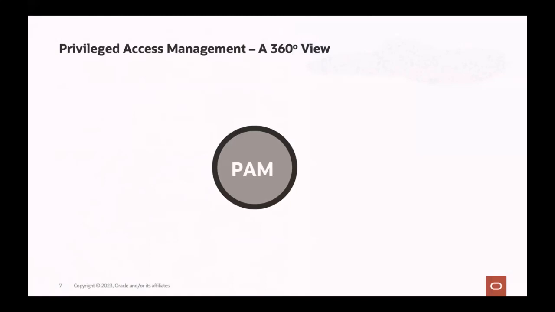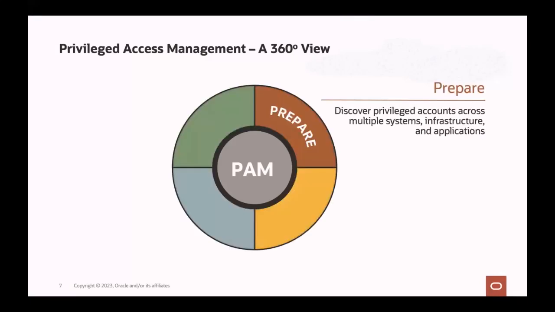It involves a process of granting, monitoring, and revoking the rights based on user job responsibilities and needs. This also ensures the confidentiality, integrity, and availability of sensitive information while minimizing the risk. So PAM consists of 4 key elements.